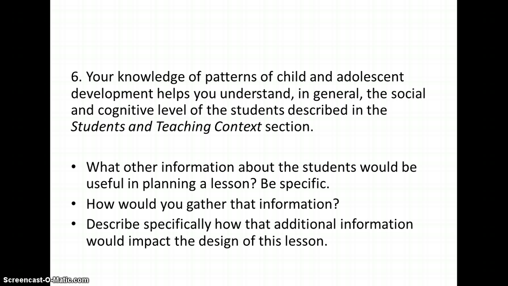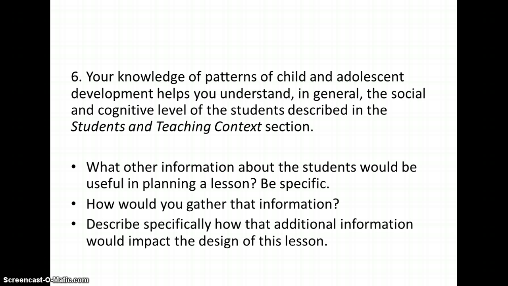To answer these questions, you can refer to the second page of that packet where I've listed additional student information, which lists where to get it and how to use it. Now, some of these things you're going to be very familiar with because you've been actively using these pieces of information as you've designed lessons in student teaching.